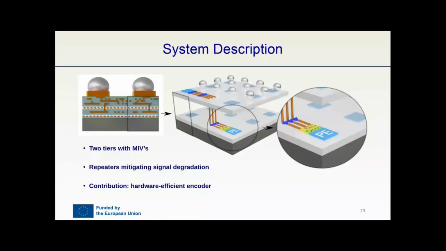So then our challenge is how can we determine the optimal number of repeaters and buffers in our interconnect? How can we determine which part of the wiring should go in tier 1 and in tier 2? And finally, which is the optimal low power coding that we can use to try to decrease the energy to the maximum.